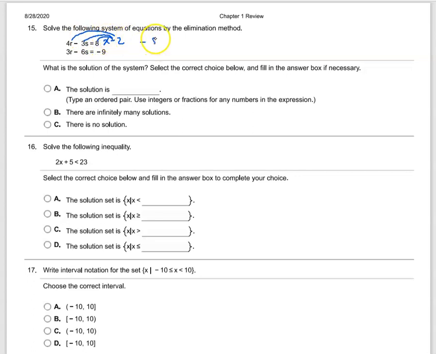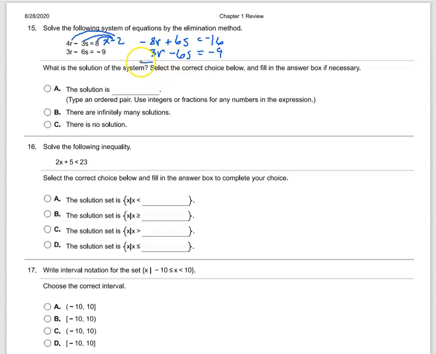That's going to give me negative 8r plus 6s is equal to negative 16. And then on the bottom, I still have 3r minus 6s is equal to negative 9.